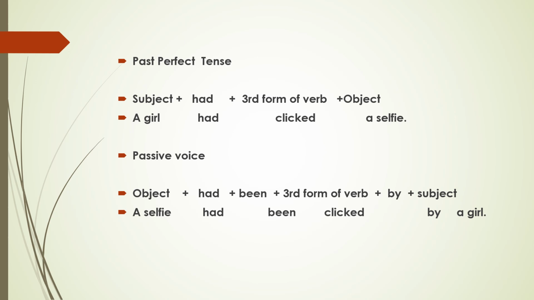So the same sentence, a girl had clicked a selfie, will be converted to passive voice like this: a selfie had been clicked by a girl, right? These formulas will be really helpful for you when you convert active structures to passive or passive to active.